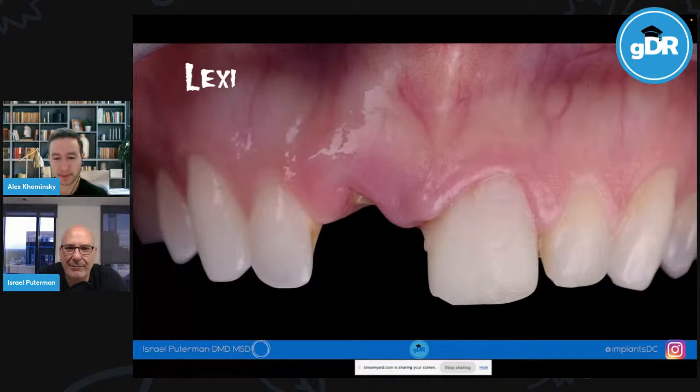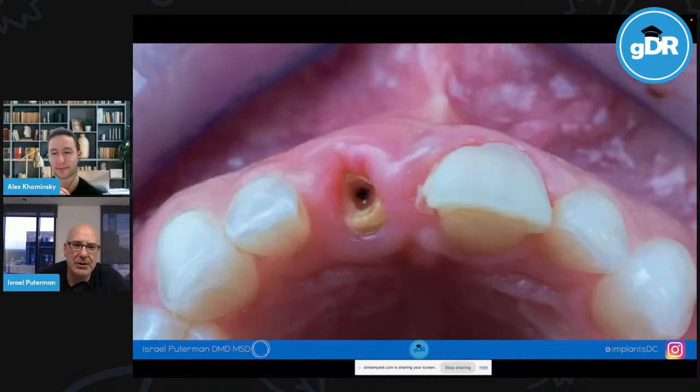We have great phenotype of tissue. We have lots of interproximal papillae. We have a great vertical height of gingival margin compared to 2-1. And I'm looking at this case as a really simple, easy case on my end, being able to give her an implant and eventually a tooth.